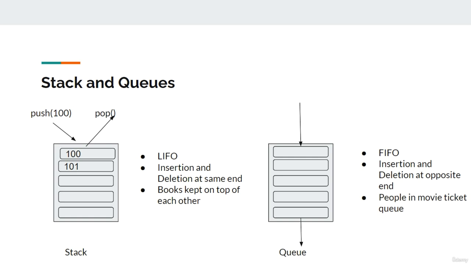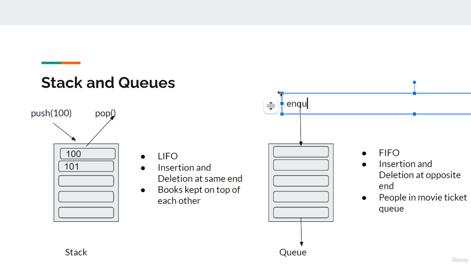Now we also have two operations for the queue. The first operation is called enqueue. In the enqueue operation, I can pass the element which I want to add.